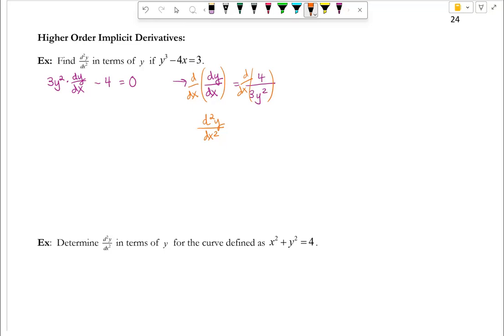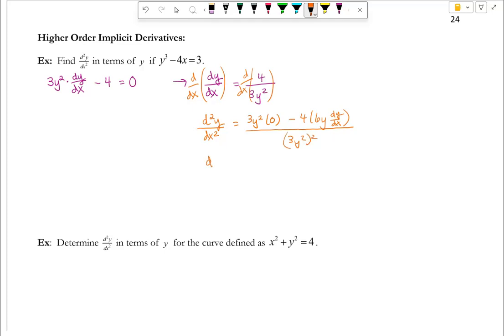When we take our derivative, we're going to multiply 3y squared with the derivative of our numerator. Well, the derivative of our numerator is just 0. Times minus 4 times the derivative of our denominator. So that's going to become 6y dy/dx, all of that over our denominator squared.